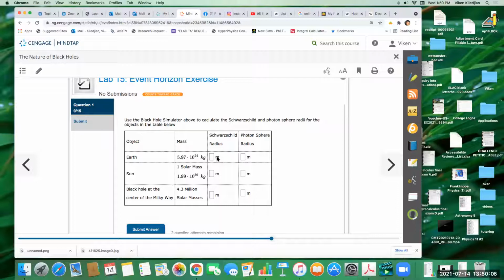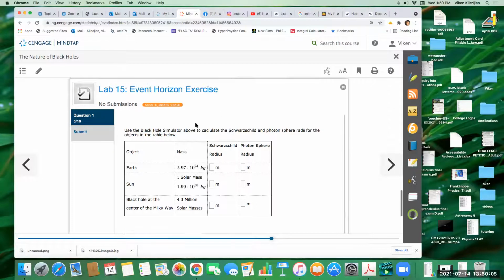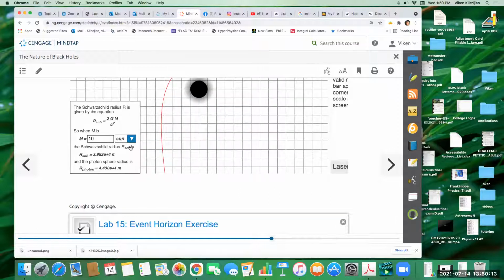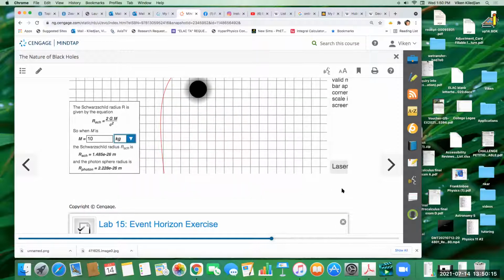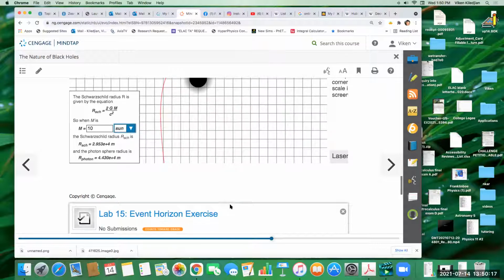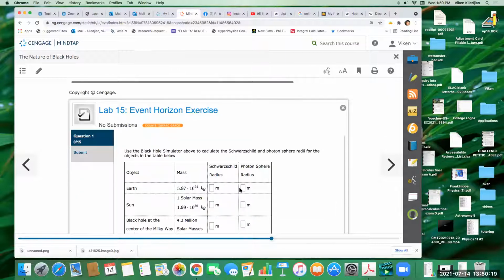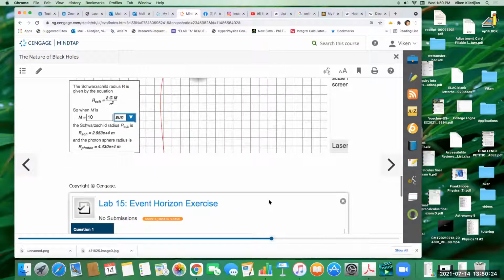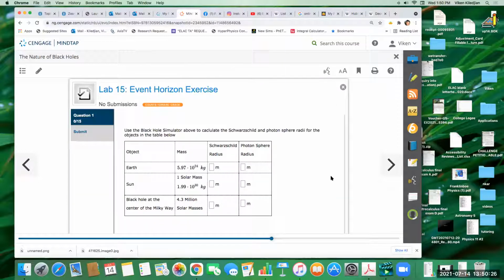That one is easy because you can just put the mass in kilograms, and whatever its Schwarzschild radius is, you would put it here, and the photon radius.